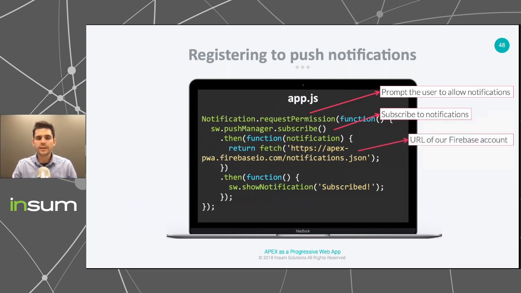So the way to do that is by telling Firebase, our third-party service, that this current device is now subscribed to notifications. And then we can even send a first notification to test the feature. And remember, this is all native APIs.